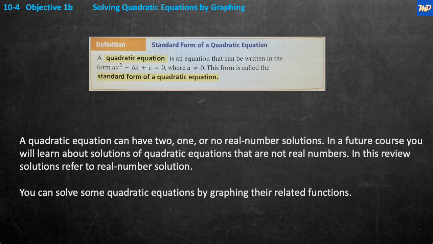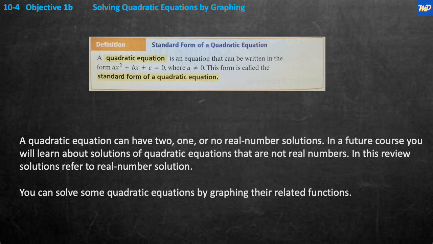Continuing on with objective 1. Definition: standard form of a quadratic equation. A quadratic equation is an equation that can be written in the form ax squared plus bx plus c equals 0, where a is not equal to 0. This form is called the standard form of a quadratic equation.